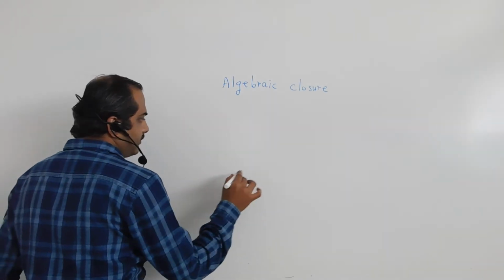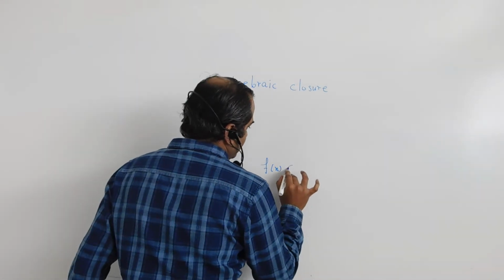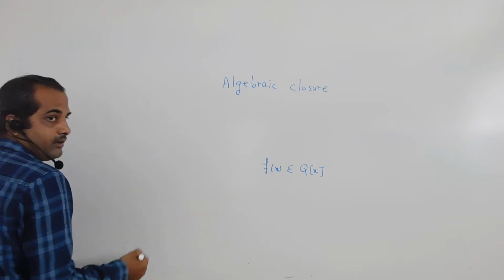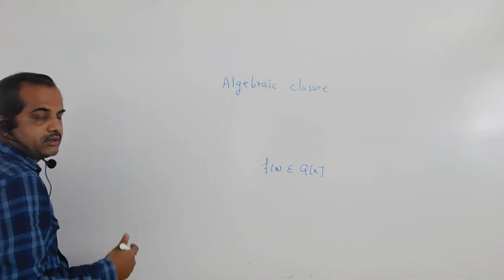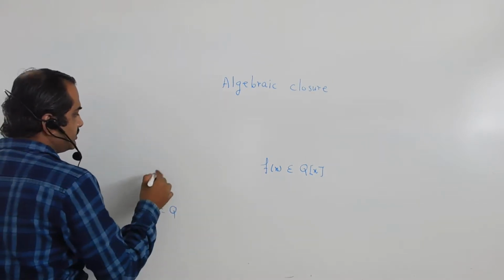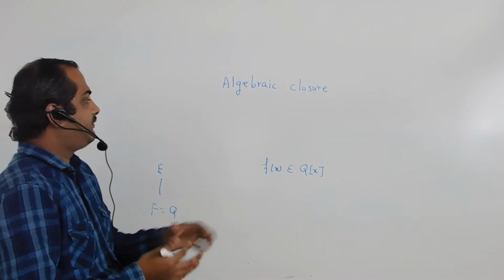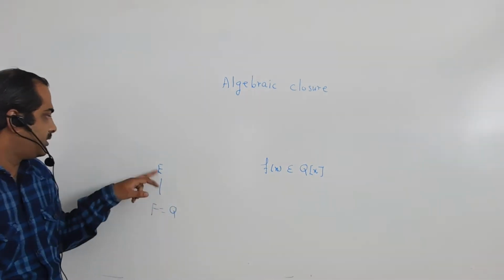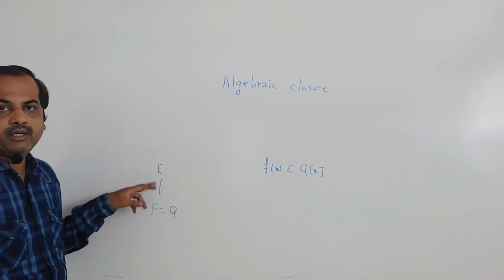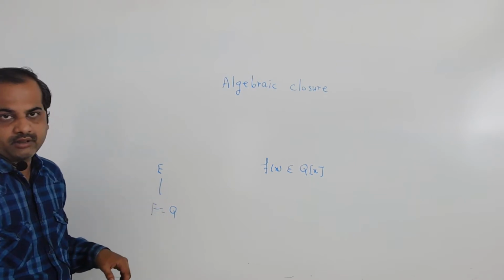So given a polynomial f of x over Q, that is f of x belongs to Q of x, if it is irreducible, we find the roots, attach those roots, and whatever extension we get, we call it E. f of x is of degree n, so this degree is at most n factorial, as we have seen. So this degree is finite, hence it is a finite extension. So it is an algebraic extension.